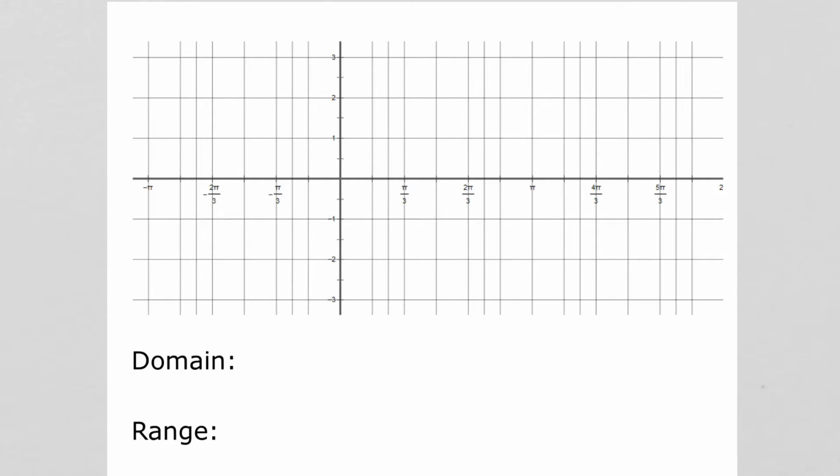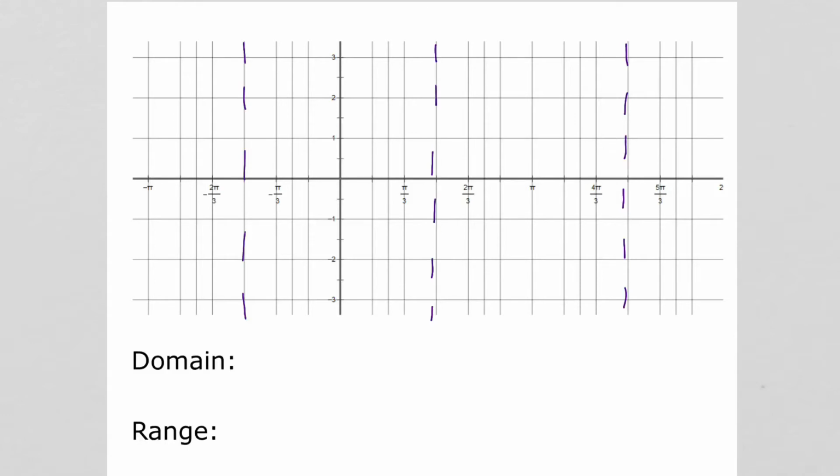Let's graph our asymptotes. They were at negative pi over 2 and pi over 2. Notice I know where pi over 2 is because here's 0 and here's pi. It's halfway in between. And so I can go another pi distance and put an asymptote at 3 pi over 2 also.